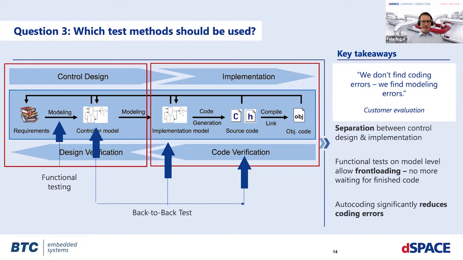Yeah, and there it's really, you want to test the code. We've been there. We want to test the model. And in model-based design, in order to use that most efficiently, it really makes sense to separate those into those 2 red boxes. So you have one part where you do functional testing of the model.